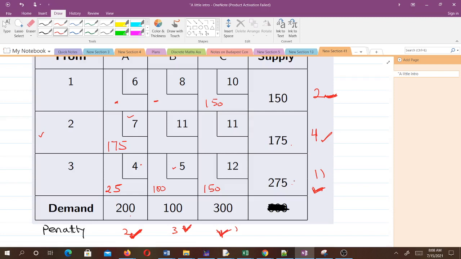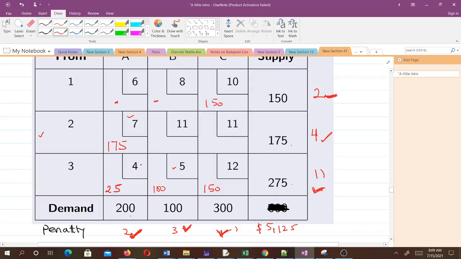And if we find the cost, it is 150 times 10 plus 7 times 175 plus 25 times 4 plus 100 times 5 and then plus 150 times 12, and that will give us $5125, right?